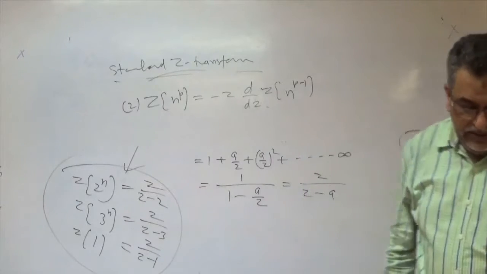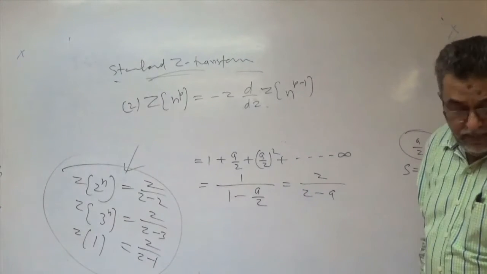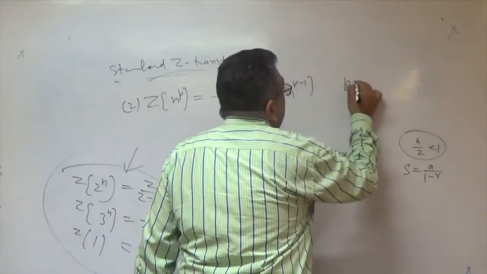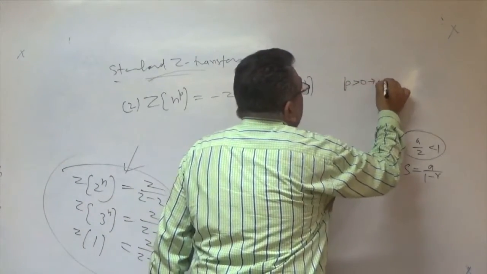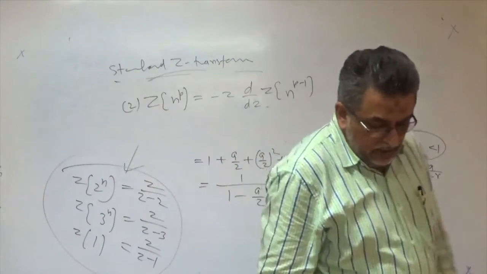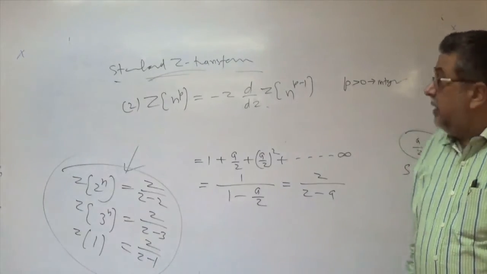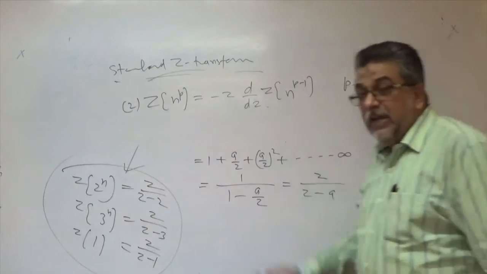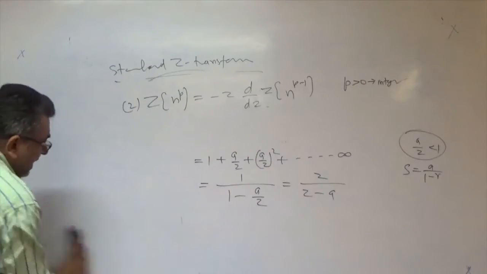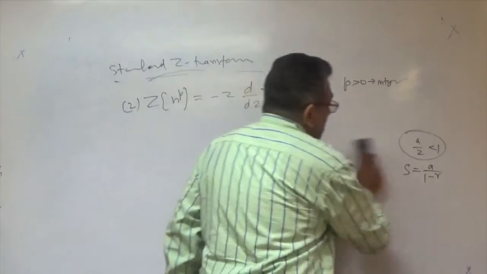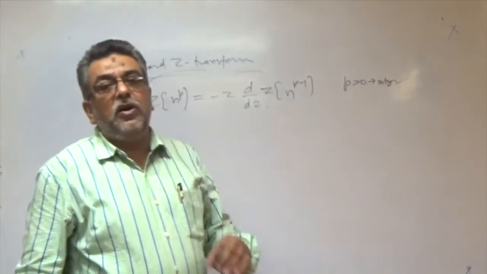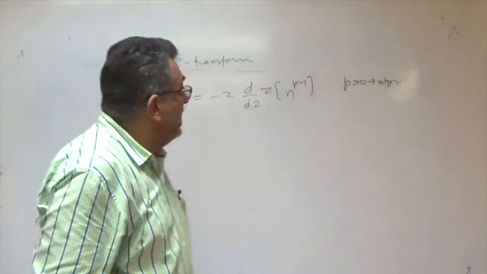Here p is a positive integer. So you have to prove this in the form of a derivative. This is a standard result, and by this result you can also find some particular results. Those can be used directly in calculations of numericals or sums based on the z transform.